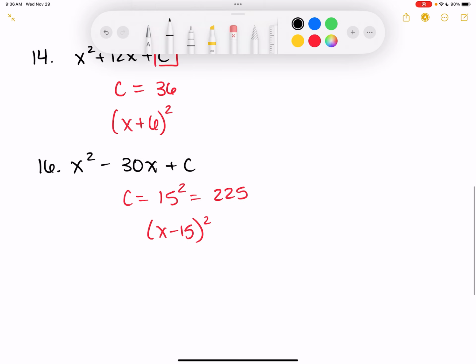All right, one more like that, and then we'll move into putting it all together as one process. So 18: x squared plus 50x plus c. What would c be in this case?